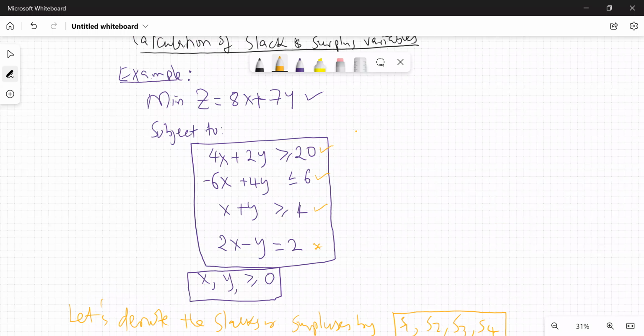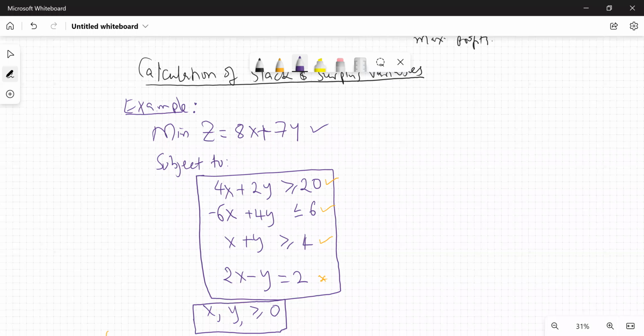So let's transform the first inequality into an equation. In this case, we have 4x plus 2y. We want this one to be equal to 20. And we are saying that the left-hand side is greater or equal to 20. So what can make it an equality?